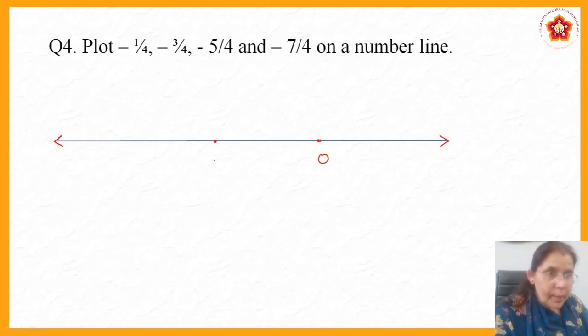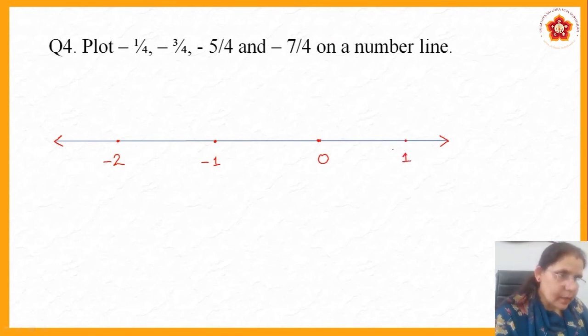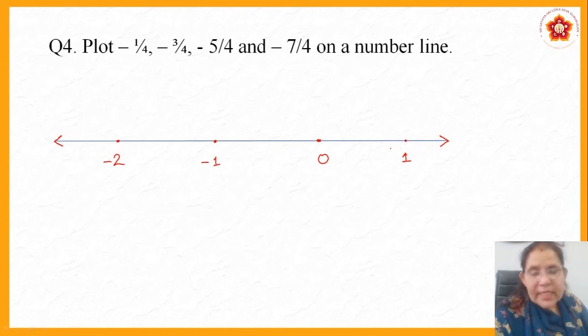Let me mark 1 and 2. This is 1 and this is 2. In fact, 1 is on the other side, and towards the left we have -1 and -2.